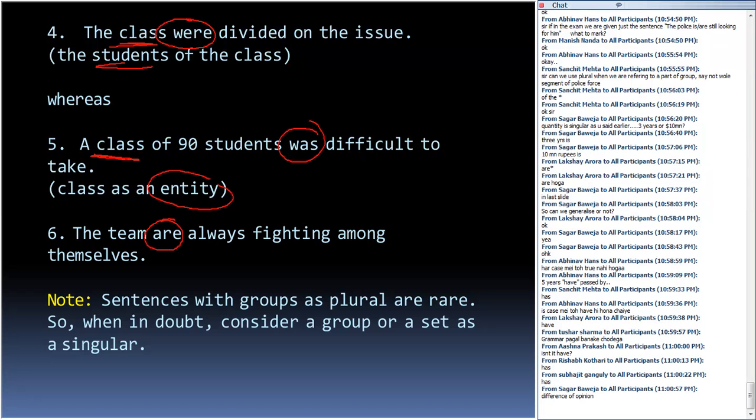And like I told you earlier, sentences with groups as plurals are rare, so whenever you are in doubt, जब कुछ भी समझ में नहीं आ रहा, then you should consider a group or a set as singular. But अगर वहाँ पे intended meaning दिया हुआ है, and when you read the intended meaning, आपको लगता है कि वहाँ पे meaning ऐसा बता रखा है in which you are talking about the members of the group, in that case it can be plural, otherwise it will be singular.